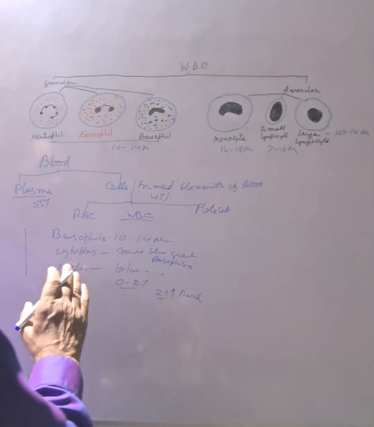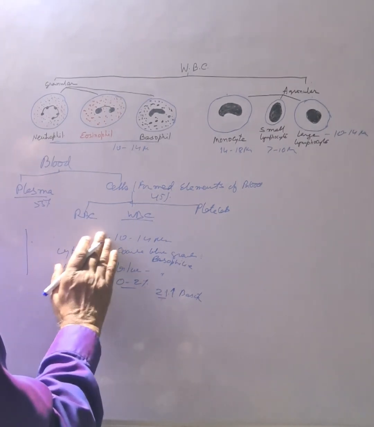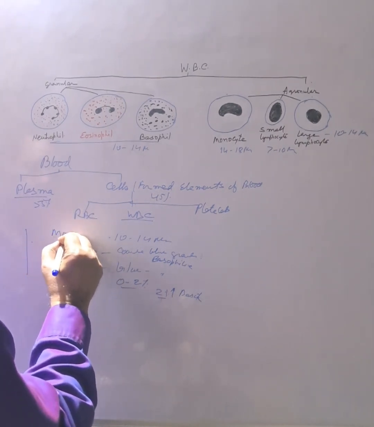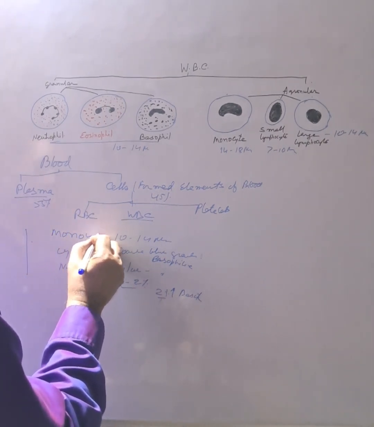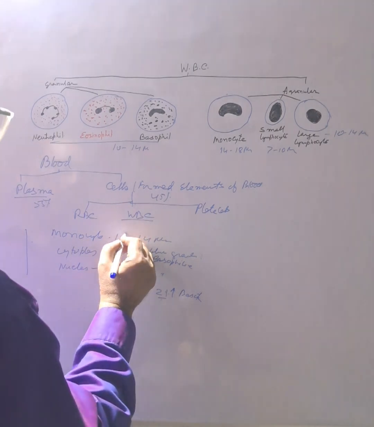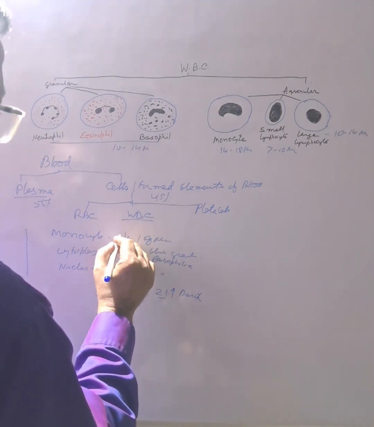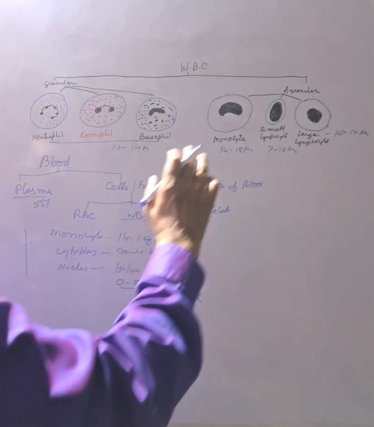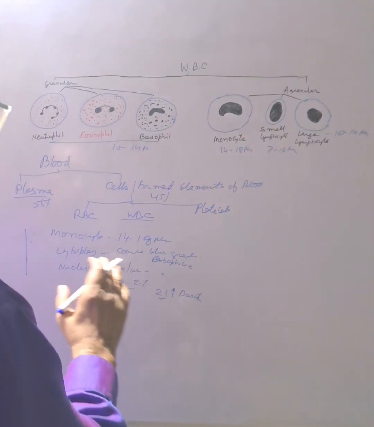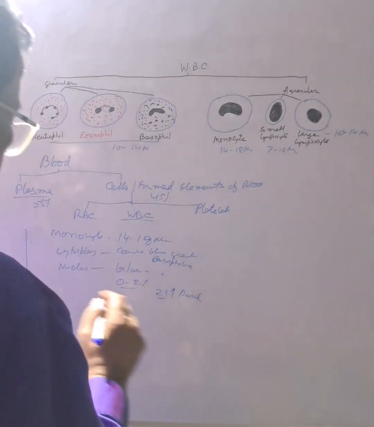Now coming to monocyte. Monocyte size is 14 to 18 micron.